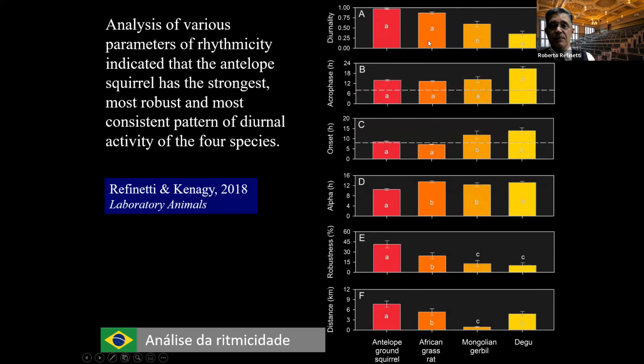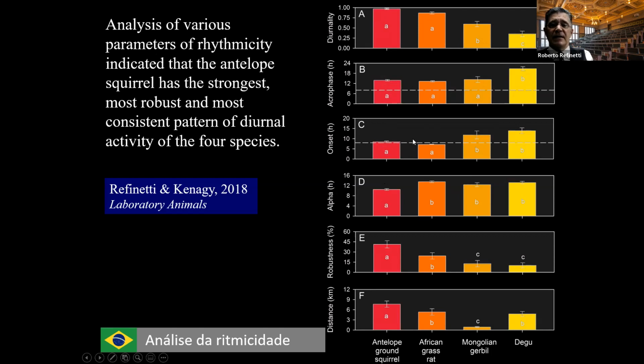The Nile grass rat is the second one in orange. The Mongolian gerbil is this other orange, and the degu is in yellow here. As you see, diurnality is the highest in the antelope squirrel. Acrophase is when it peaks, a little after lights on for all of them. They're definitely decent diurnal animals in that sense.